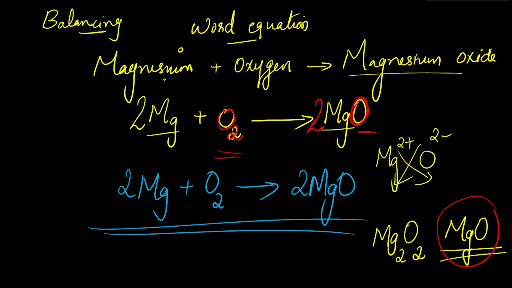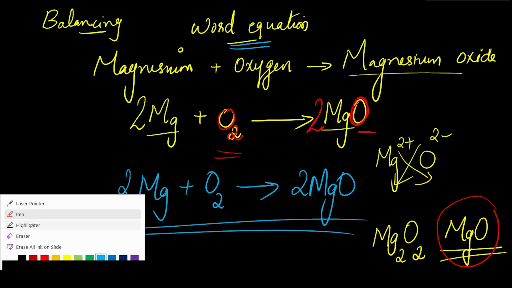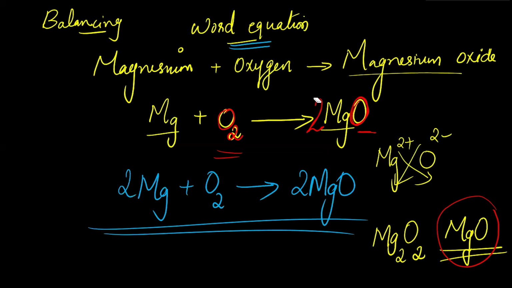So before balancing, we write the word equation, right? So this is actually which equation? Word equation. Okay. Now we have already written one equation like this, right? Mg plus O2 giving MgO. And this equation we call as what? Skeletal equation.